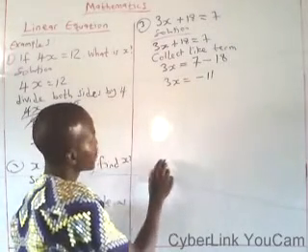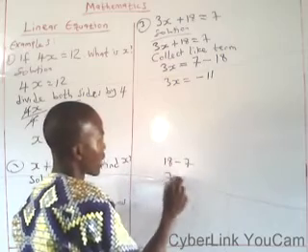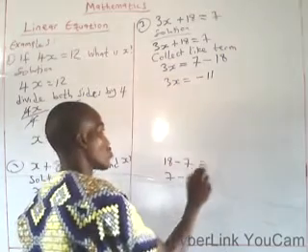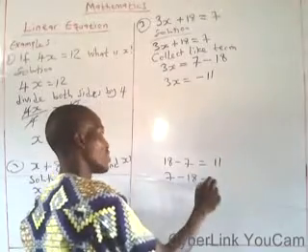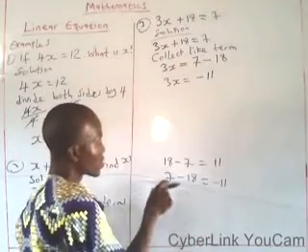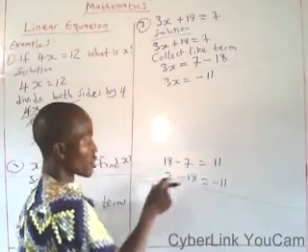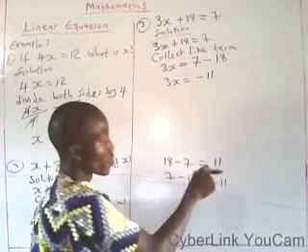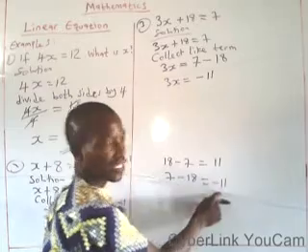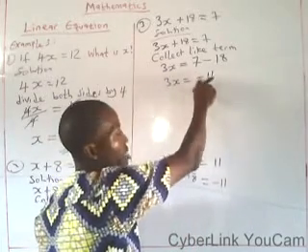Please note that there is a difference between 18 minus 7 and 7 minus 18. This one will give a positive answer, which is 11. This one will give a negative answer, which is minus 11, because the bigger one is supposed to come before the smaller one. But what we have here, the smaller one is coming before the bigger one, which is going to give a negative answer. That is why we arrive at a negative answer, minus 11.